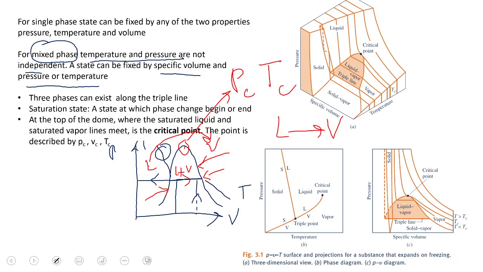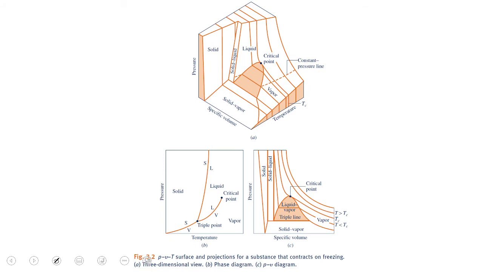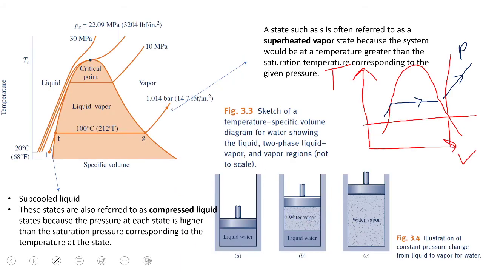In the constant temperature line, it was downward sloping, and in the mixed region it was horizontal, but in the liquid and vapor region it was downward. Now the constant pressure line is upward sloping. I want you to remember this for now, and later we would understand why it is upward sloping here and why it is downward sloping there.